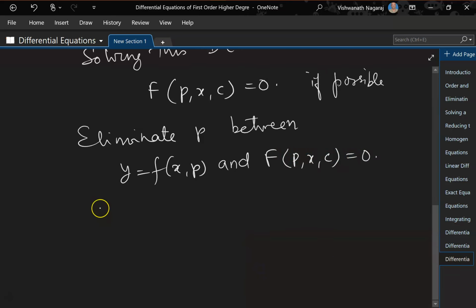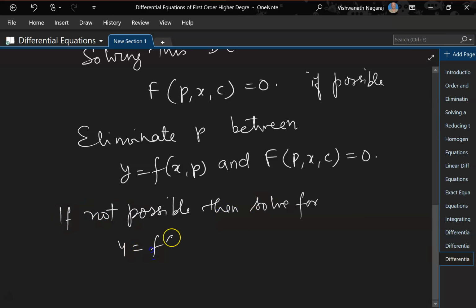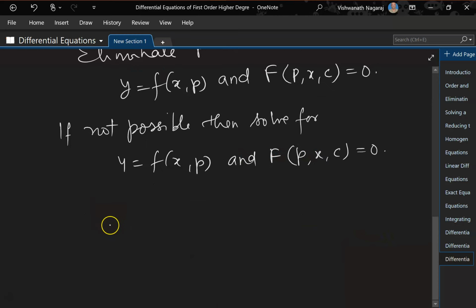If it is not possible to eliminate p, then solve y equal to f of x comma p and f of p, x, c equal to 0, and you get the solution.